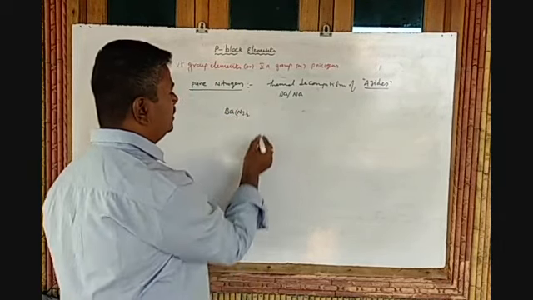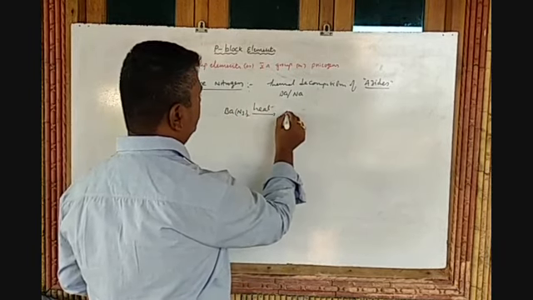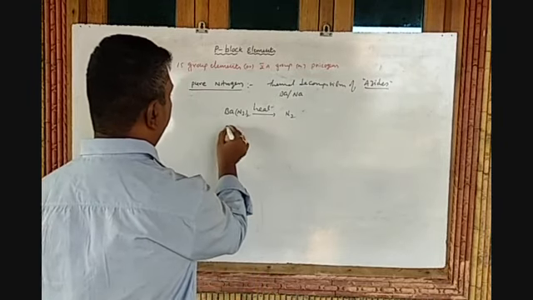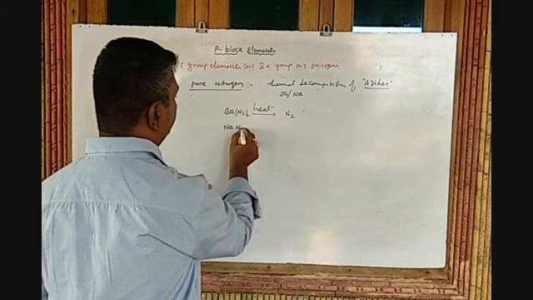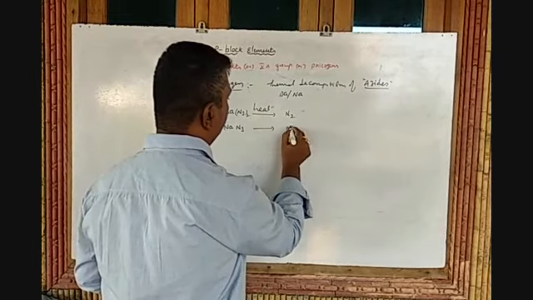When barium azide is strongly heated, it gives nitrogen gas. And in the case of sodium azide, on strong heating it also gives nitrogen.